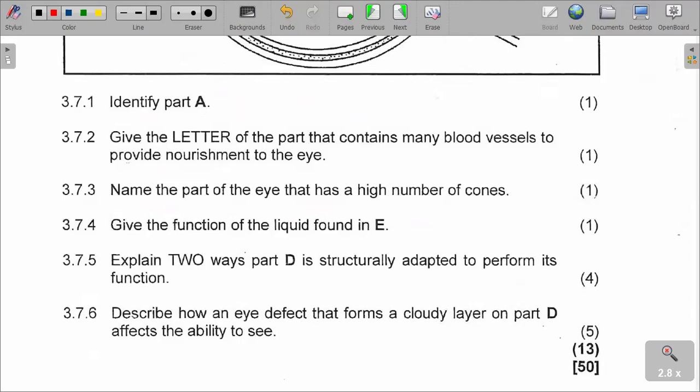The respiratory center responds by increasing the rate and depth of breathing, which is hyperventilation. It stimulates the intercostal muscles and the diaphragm to contract more frequently and forcefully.